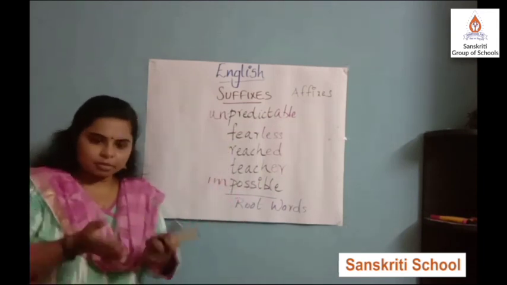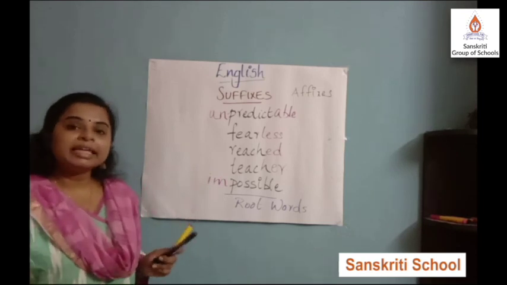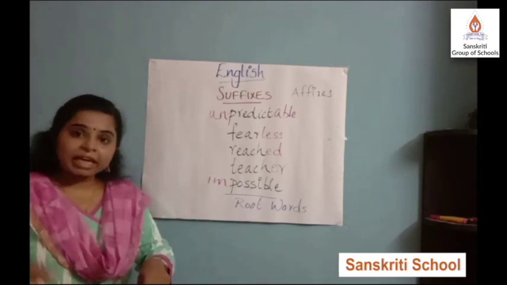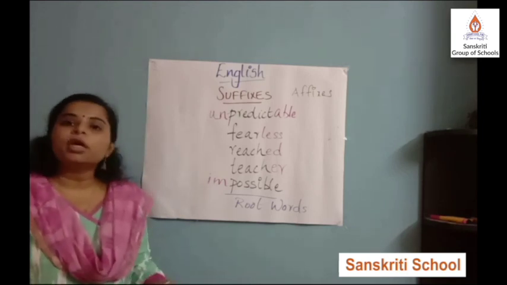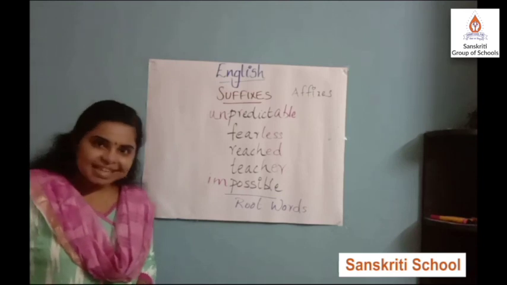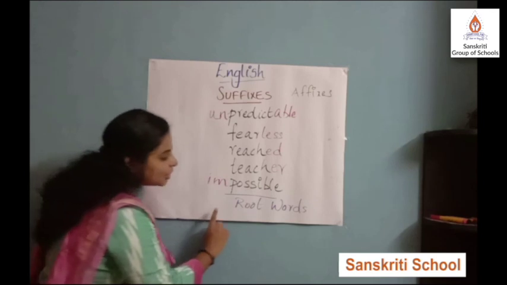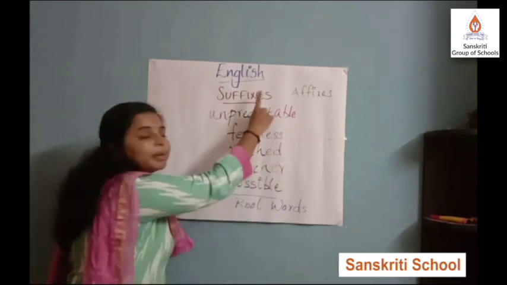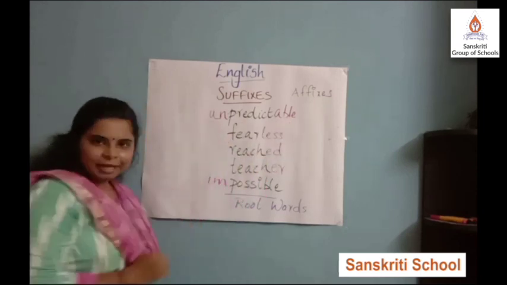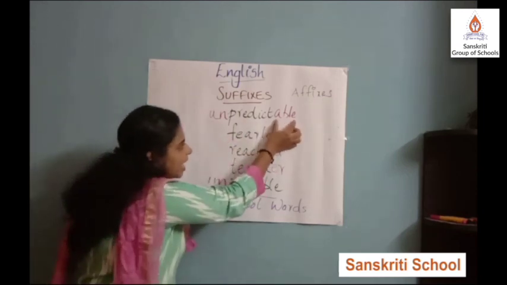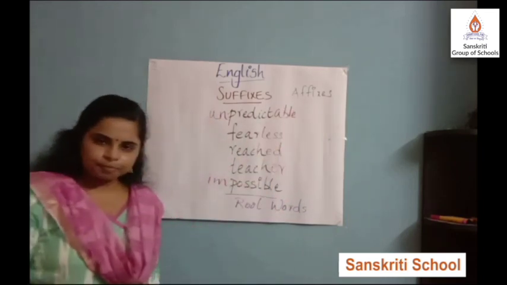Fold, for example, which means you can fold or bend something. When I am adding able, it becomes foldable. And if I am adding un in the beginning, unfoldable, which means that you cannot fold it. How the word is changing, right? So, root words are those words which give you the possibility of forming new words if letters are added at the end or in the beginning. And these letters added at the end or beginning are what you call affixes.